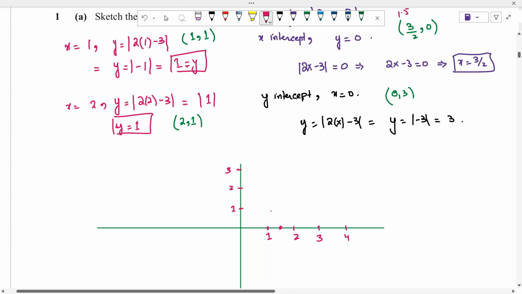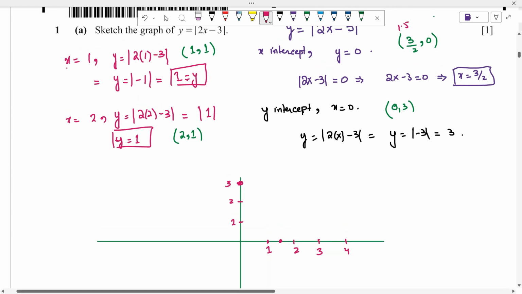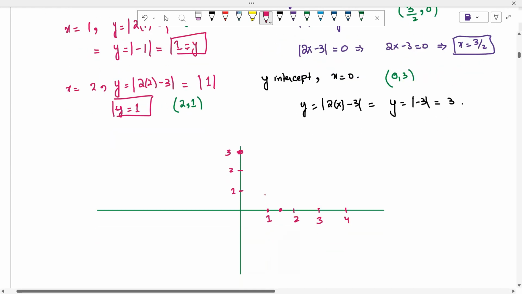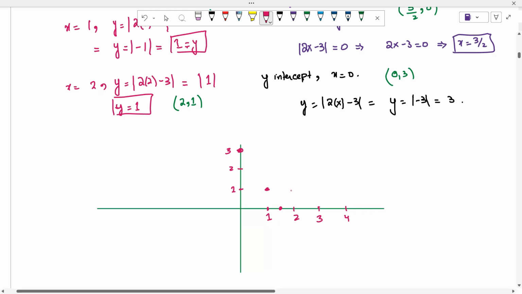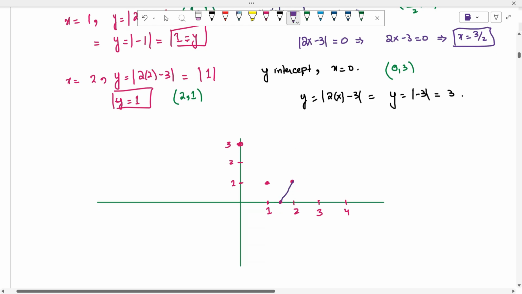Now 0 comma 3, this one. We have the point 1 comma 1, and 2 comma 1. When we plot, we will have it like this.